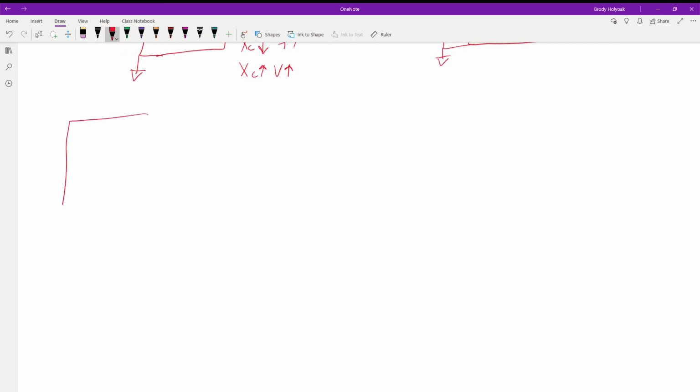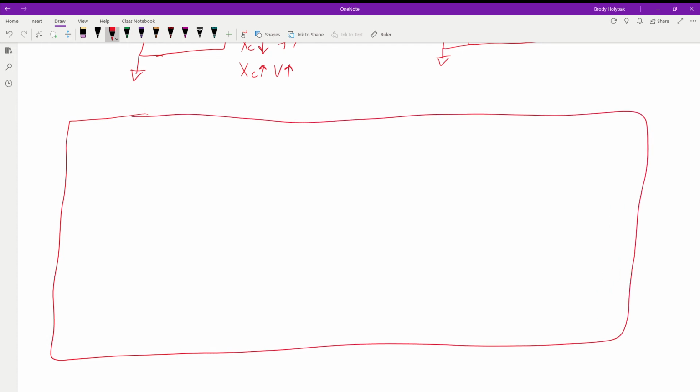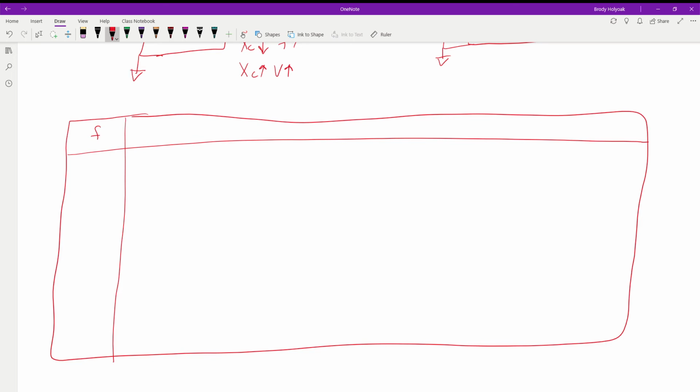So looking at this guy, we're going to set up our table, and it's going to look something like this. We're going to have our frequency at which we're going to calculate all these guys. We're going to have a resistance value at each of these set points, an X of C value at each of these set points, and a current total at each of these set points. And then we want to find out what the voltage out is when it's across our capacitor.